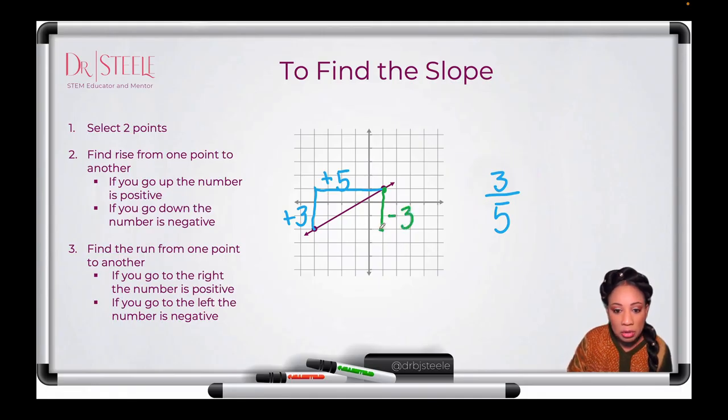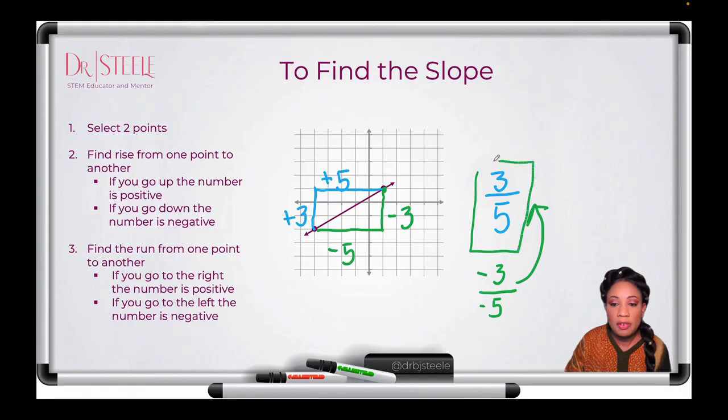And then I would go to the left, 5. So that'd be -5. So we would have -3 over -5, which is going to be the same thing as 3/5. Because a negative divided by a negative is a positive. Remember. Okay, so doesn't matter which way you go.